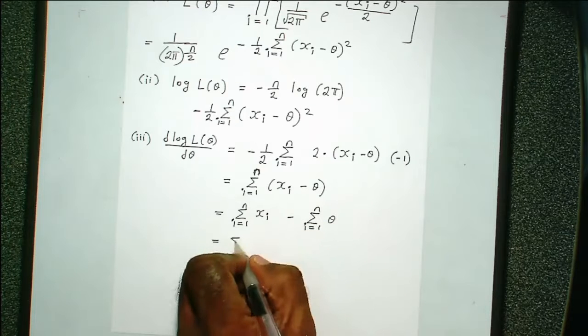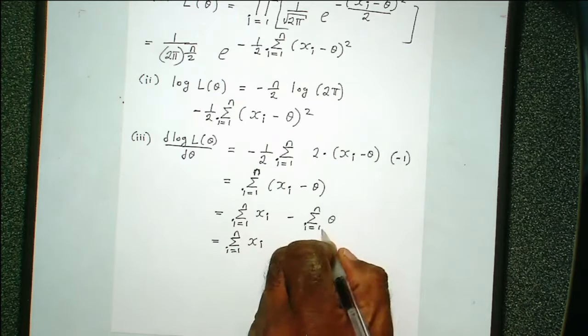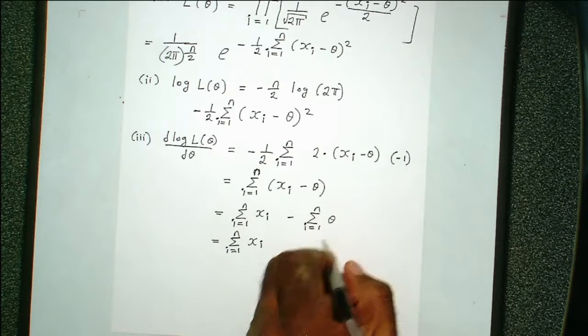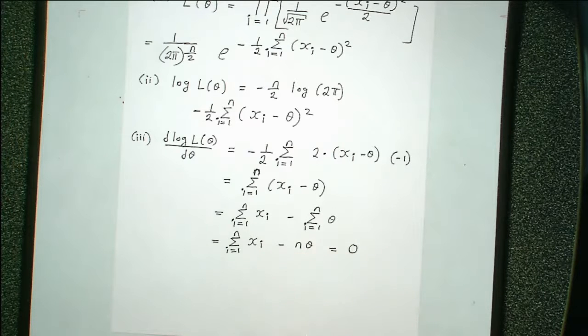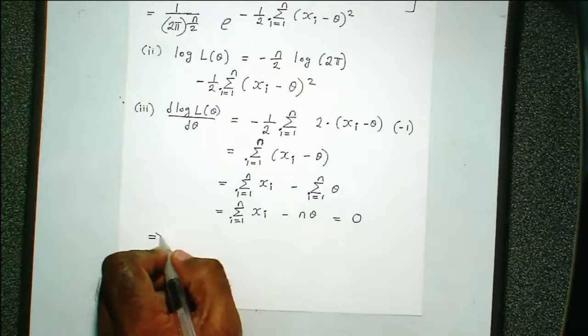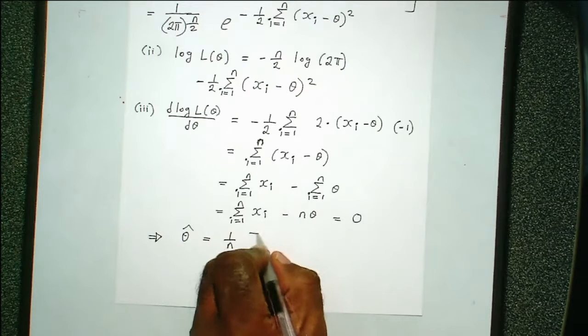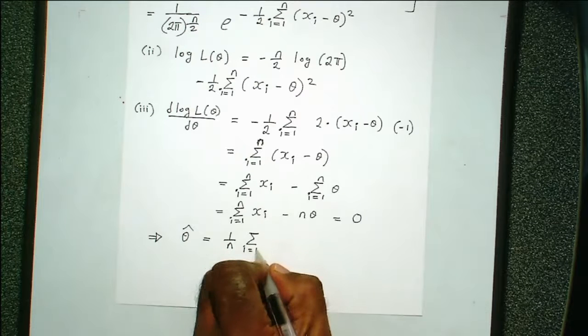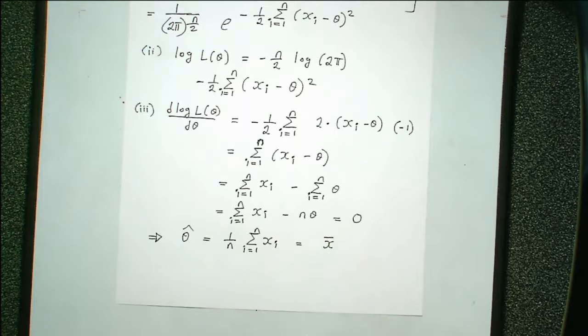The sum of theta, as I just mentioned, is n theta. Set this to 0, and the solution you get for theta hat is 1 over n times the sum of xi, which is x bar. So the solution for the equation is x bar.